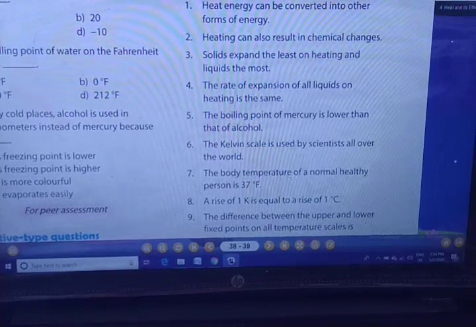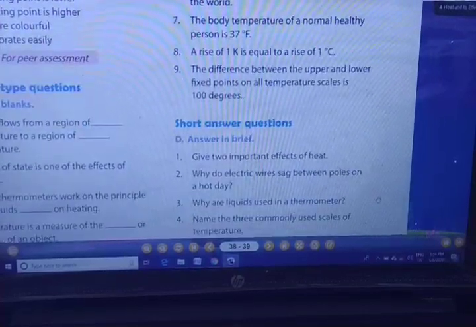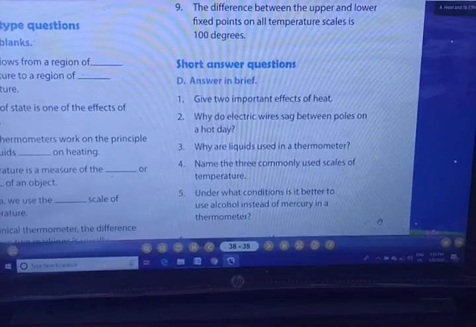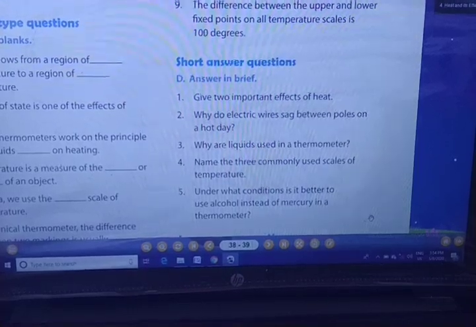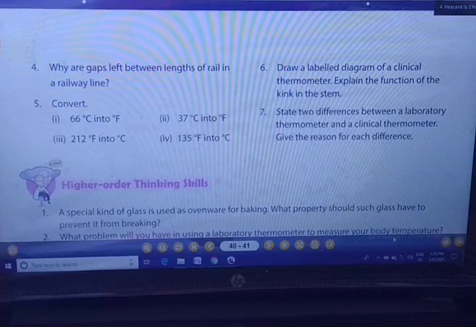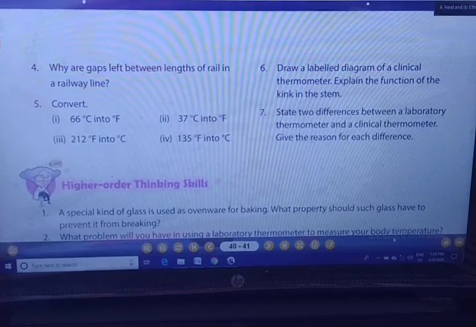Got it? Now the short questions you have already taken a screenshot of. There are 5 short and 5 long questions. So these are the 5 short and the 3 long you already have. The rest of the long ones I am showing you, long answers 4, 5, 6 and 7. Just take a screenshot. Now I will show you all the answers, either of MCQ, fill in the blanks, true or false, and then short and long question answers.